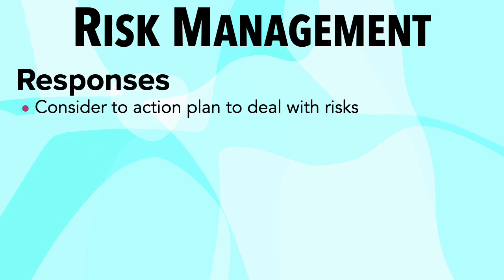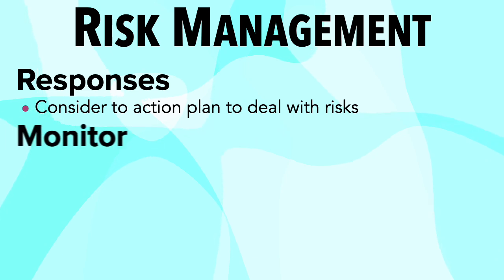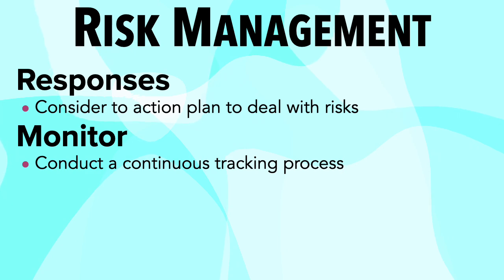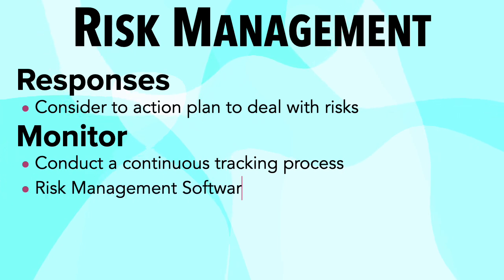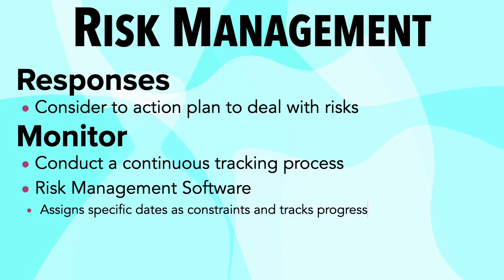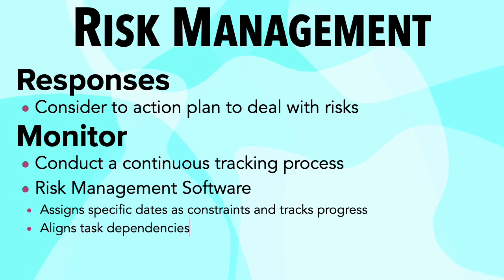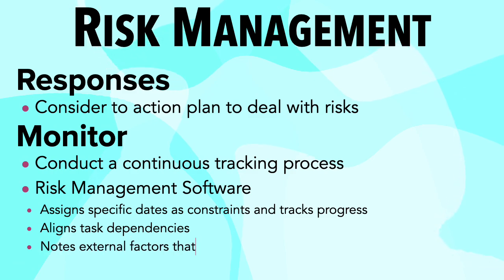That's known as acceptance. Throughout the process, the project manager continues to monitor where we are in relation to that overall plan. There is risk management software that allows managers to assign specific dates and constraints to track progress, to make sure that we've kept up with task dependencies, and so on.